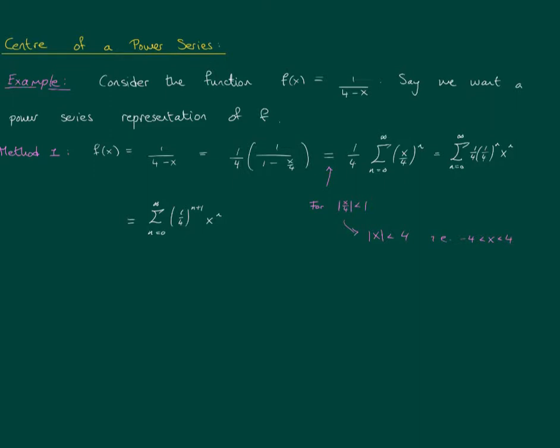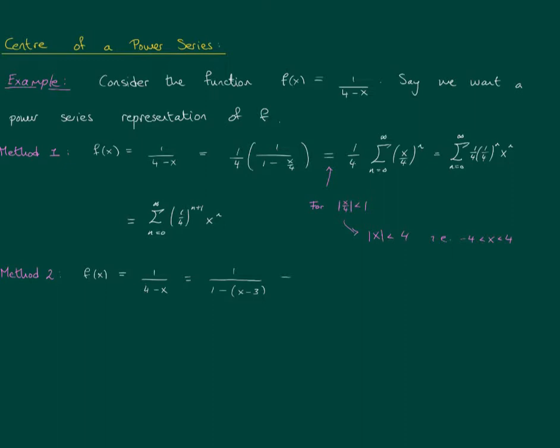Okay, now let's see method 2. F of x again is just 1 over 4 minus x. But this time we're going to write it as 1 over 1 minus x minus 3.